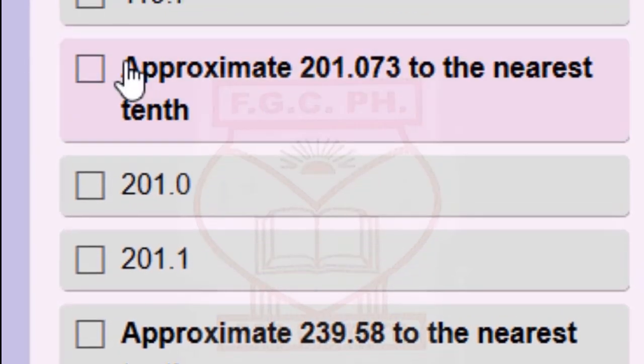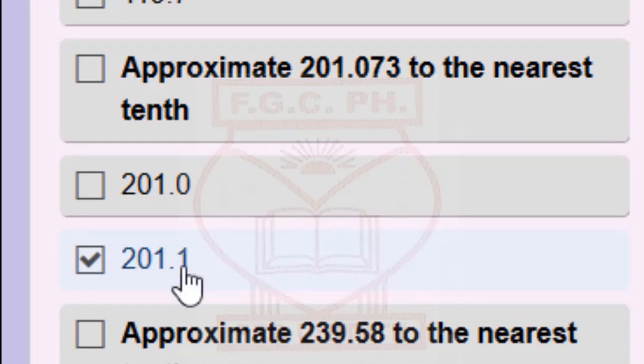And next question is approximate 201.073 to the nearest tenth. The 10th digit is 0, so we're going to round up 7 to make this 0 become 1. So we have 201.100, which is 201.1.